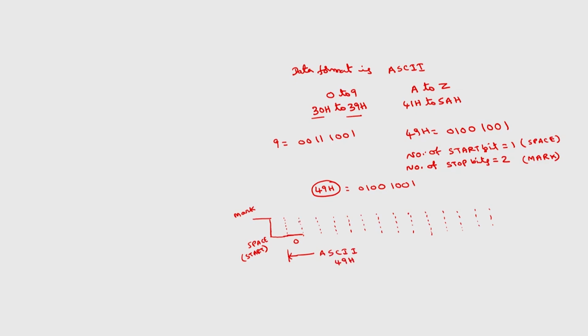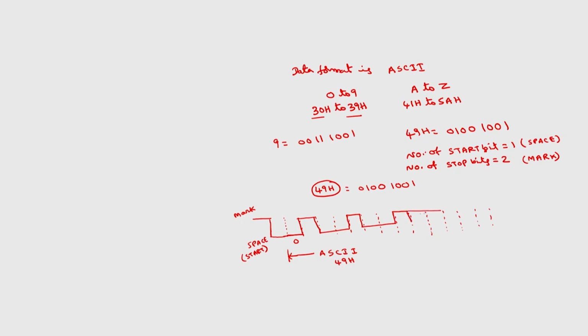Then we have 1, this is 1, then 2 zeros, then single 1, then 2 zeros, then 1, then followed by 2 stop bits.